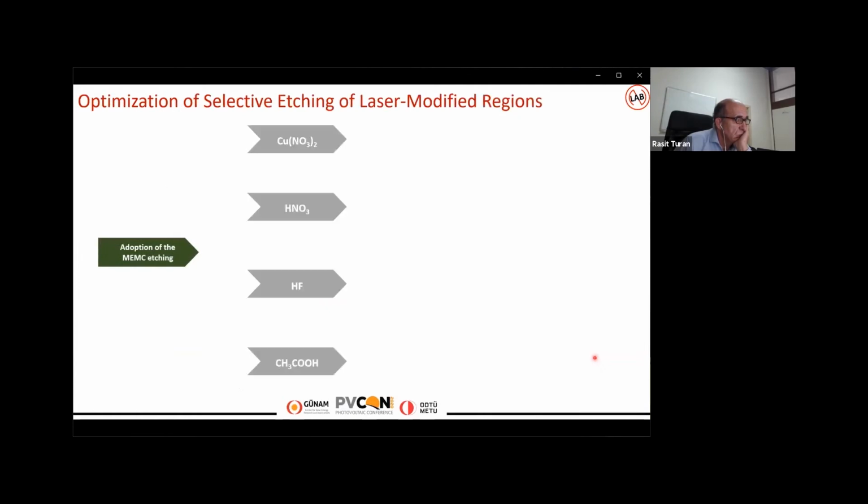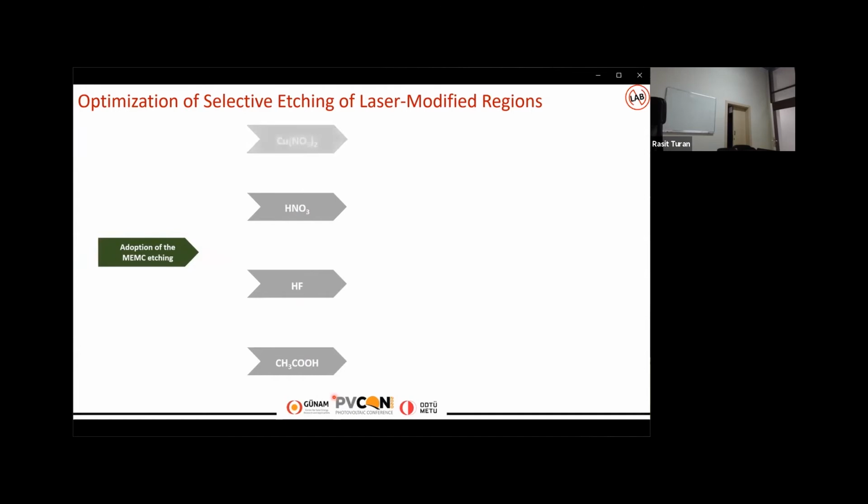For this selective chemical etching, we adopted the MEMC etching, which is a solution that contains copper nitrate, nitric acid, hydrofluoric acid, and acetic acid. We use copper nitrate based etching because it's very defect sensitive, which is effective not only on the crystal silicon region, but also suitable for the laser modified region, and it's chrome free with no hazardous waste and non-toxic.